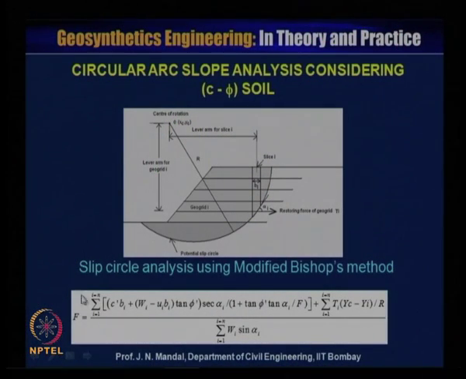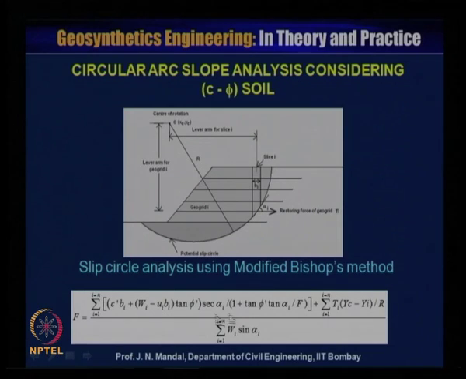So, from this you know the Bishop method equation: F is equal to summation of i equal to 1 to N of c dash into Bi, plus Wi minus Ui into Bi, because of the pore water pressure, into tan phi dash into sec alpha i, divided by 1 plus tan phi dash into tan alpha i divided by F, plus summation of i of Ti into Yc minus Yi divided by R, this whole divided by summation of i equal to 1 to N of Wi into sin alpha i.